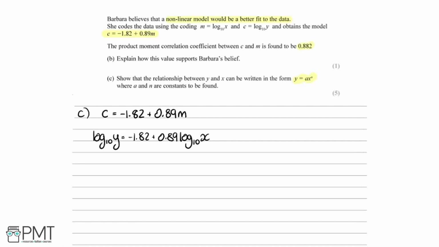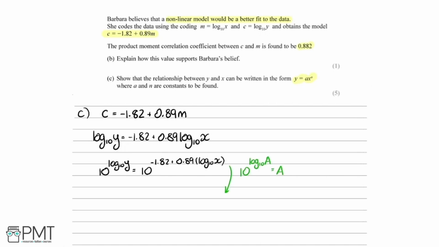So now we've introduced some logs, we can start using our log laws to try and get it down into a form of y equals ax to the power of n. First I want to get y by itself as the subject, so we need to get rid of this log. If I raise everything to be a power of 10, I'm going to do 10 to the power of log base 10 of y, and then do everything as 10 to the power of, on the other side, minus 1.82 plus 0.89 multiplied by log of x.